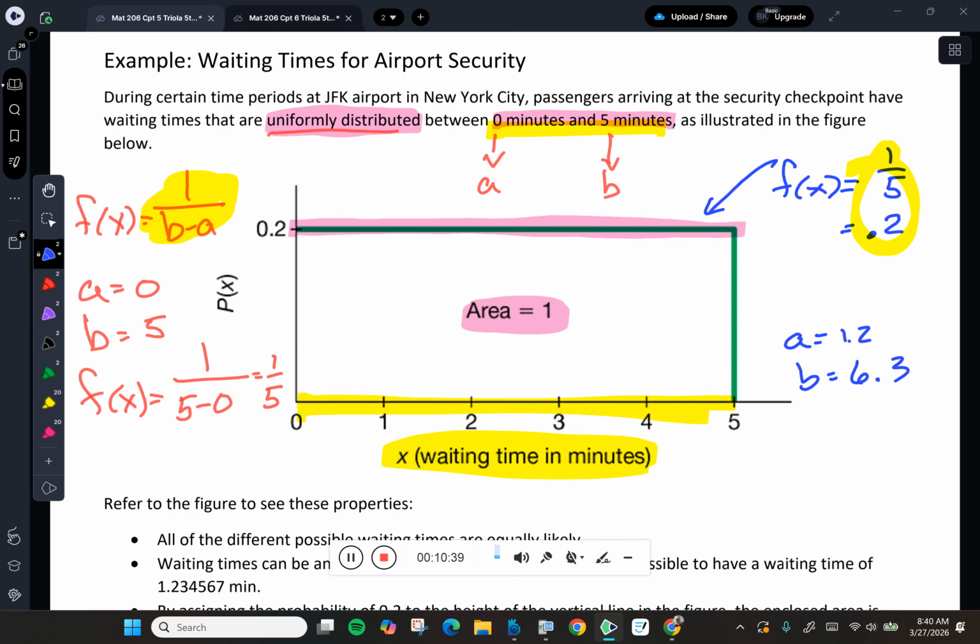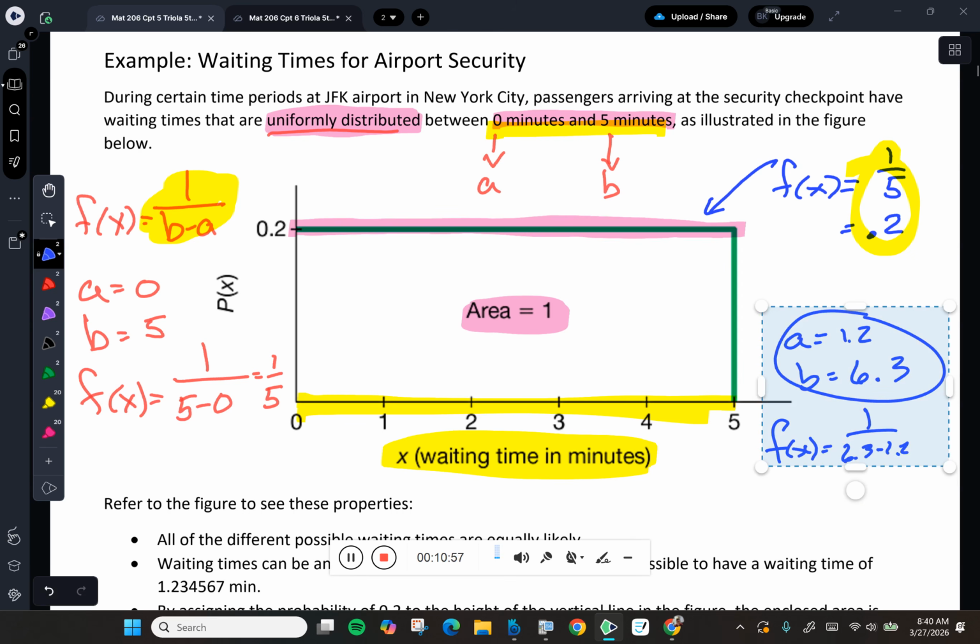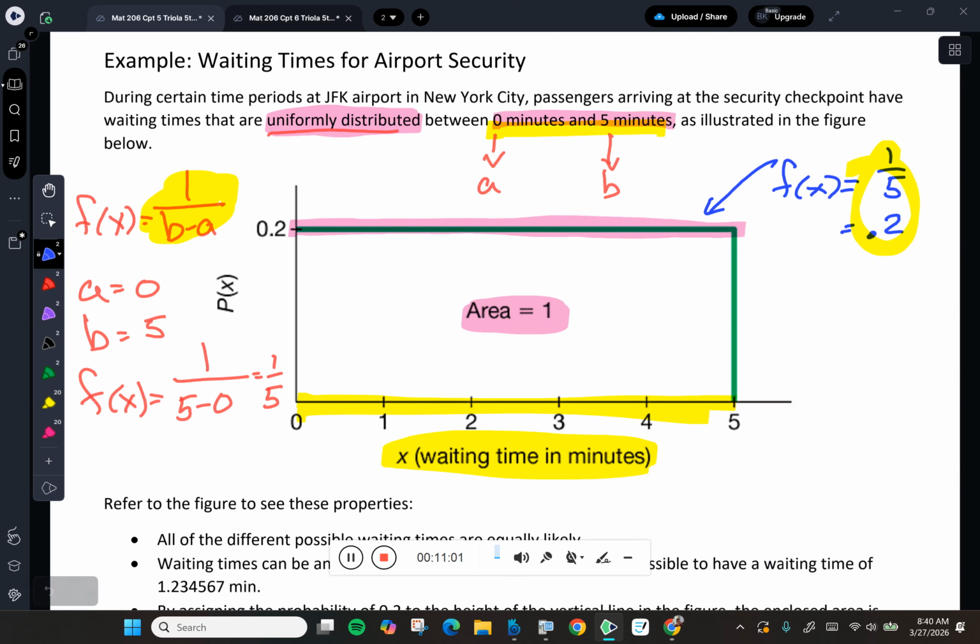I can't look at those values and tell you what f is. I'd actually have to use the formula and say that for that scenario, it would be 1 divided by whatever 6.3 minus 1.2 is, and I'd have to do the math there. Okay. So there's a formula for it, and we like the formula. The formula is good. The formula has purpose. We try to use the formula when it's appropriate to use the formula, but if there's a shortcut, if the A and B are easy, we go with them.